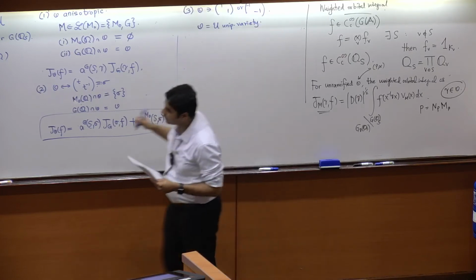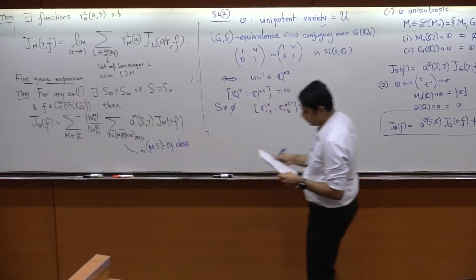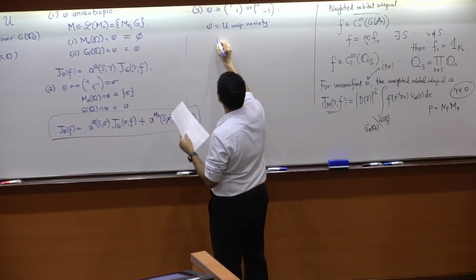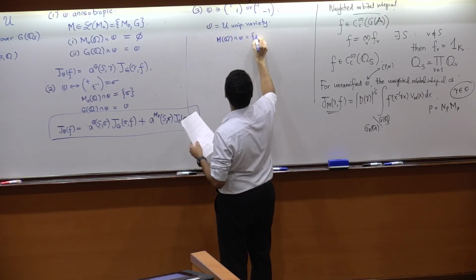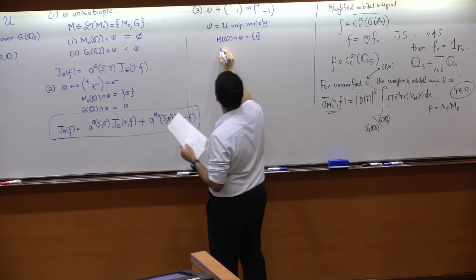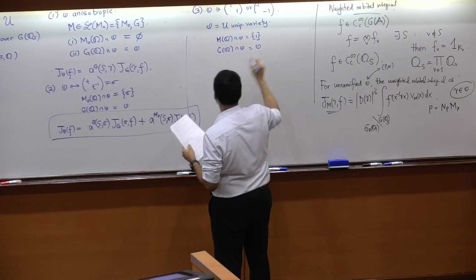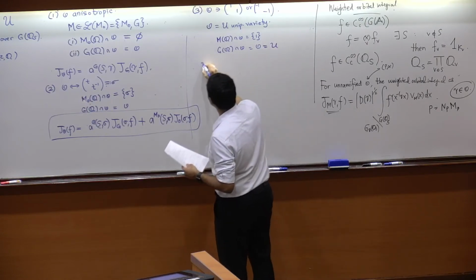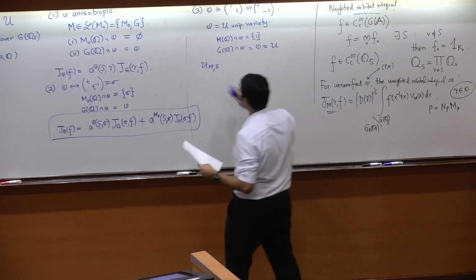And in this case, there are some non-trivial objects here. So M(Q) intersect O, again, you have two terms. M(Q) intersect O is just the identity, and G(Q) intersect O is just O, the unipotent elements here, and this O is just the U, and U_M^S, U_G^S, because M is G in this case.